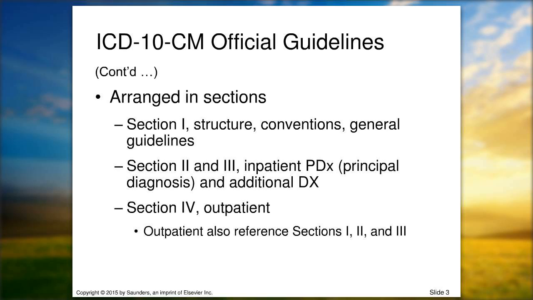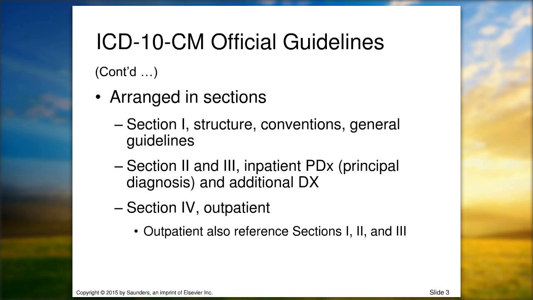You'll also notice that we have sections. Section 1 is the structure of the ICD-10, where we learn about conventions and general guidelines. So near the bottom of page 7, structure of ICD-10. Then section 2 and section 3.